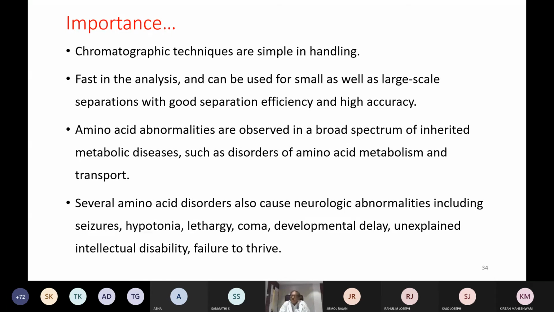Because of this deficiency of amino acid, they may have some neurological abnormalities like seizure, hypotonia, lethargy, coma, and proper growth will not be there, and many other conditions will result.